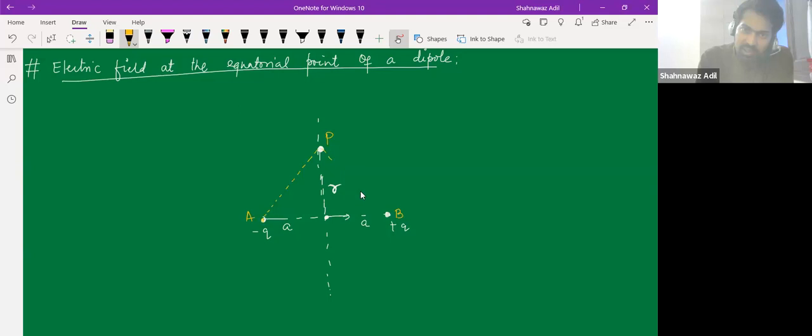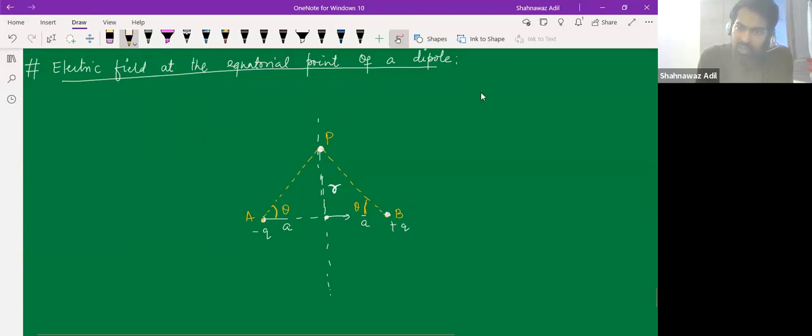Let's say this angle is theta, and this angle would also be theta, because these are the same distances. This is r, this is a. So how much distance would AP be?